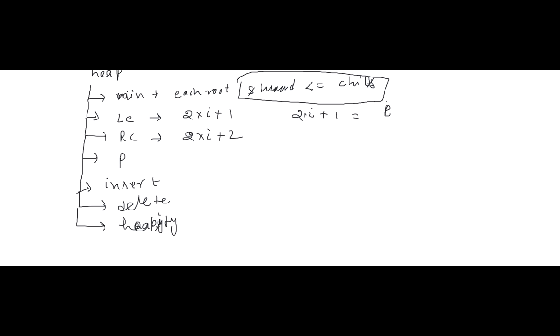We can also get min, and for max we will have get max. The time complexity for insert would be log n, for delete log n, and for heapify as well log n. And here we will have order of 1. So why is it the most popular data structure? Because we have a general time complexity of order of log n.